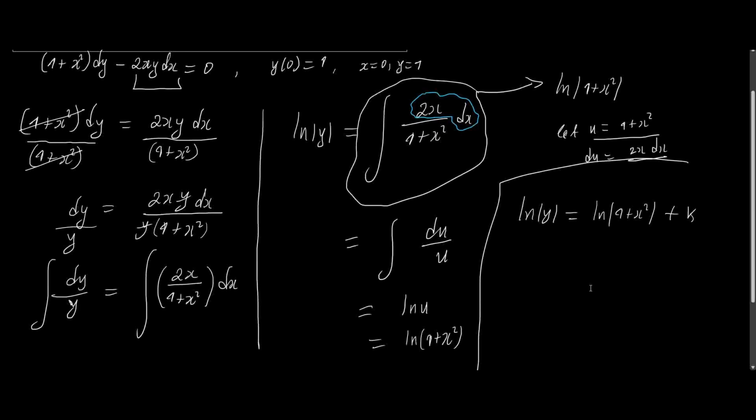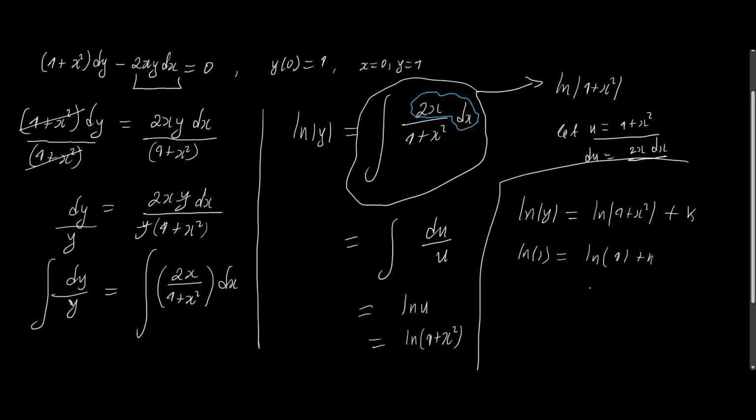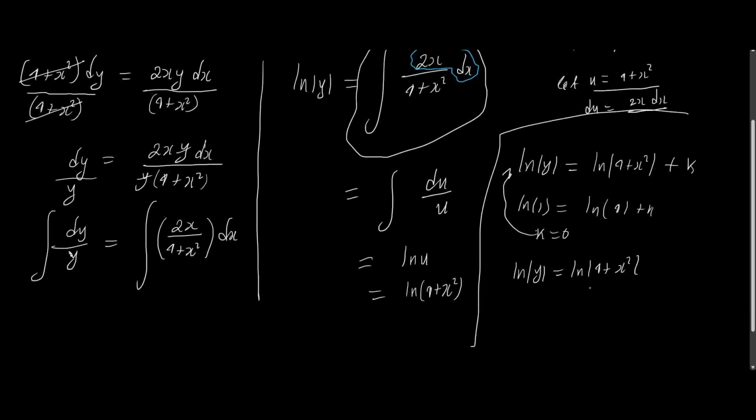As we saw, x is 0 and y is 1. So this will simply be the ln of 1 equal to the ln of 1 plus k. The ln of 1 is 0, so k will be 0. Substituting this back here, we have ln of y equal to the ln of 1 plus x squared plus 0, which is still the same function.